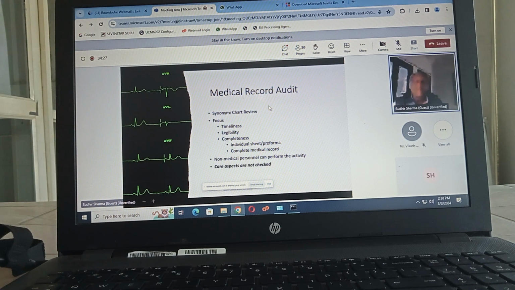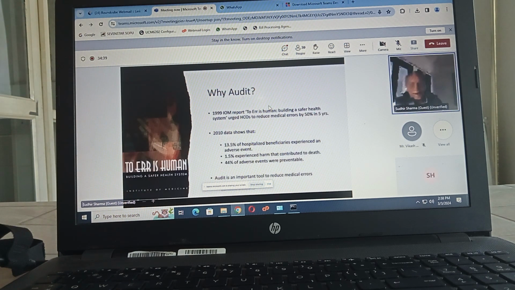These aspects are not and should not be checked, or even commented on. And that is the medical... preventable medical errors.